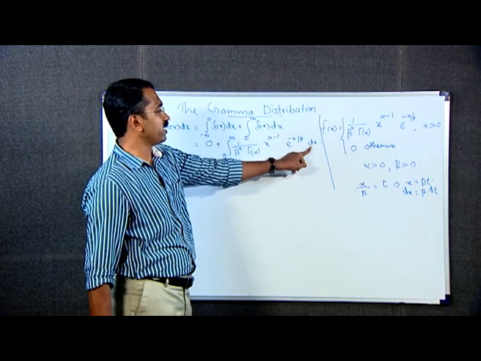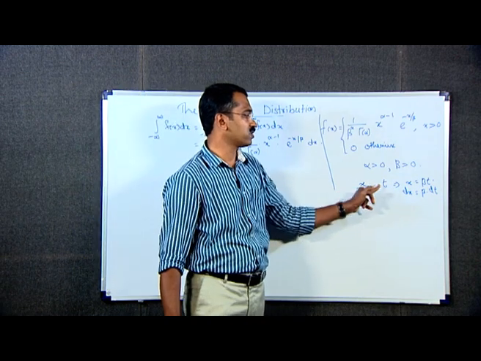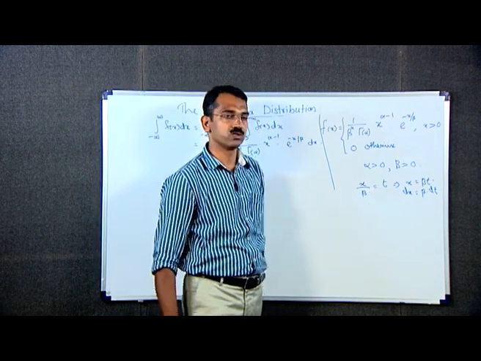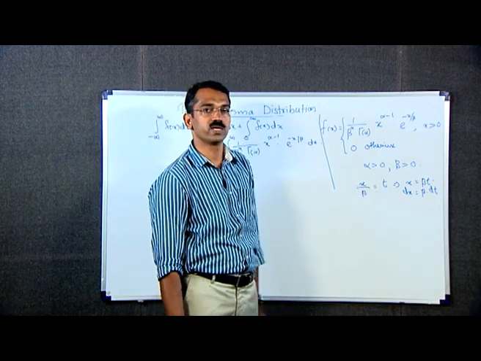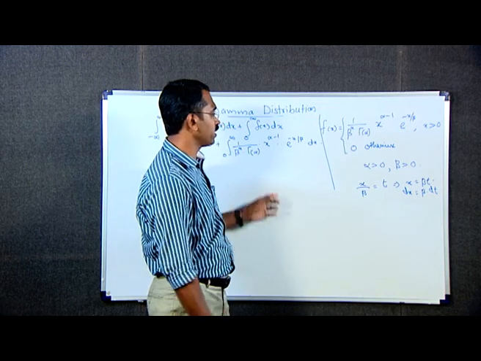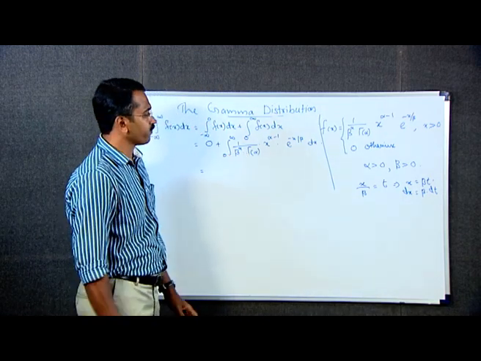Here the limits of integration are 0 and infinity. When x is equal to 0, t is equal to 0, and when x is equal to infinity, t will become infinity. Therefore, the limits of integration are the same.